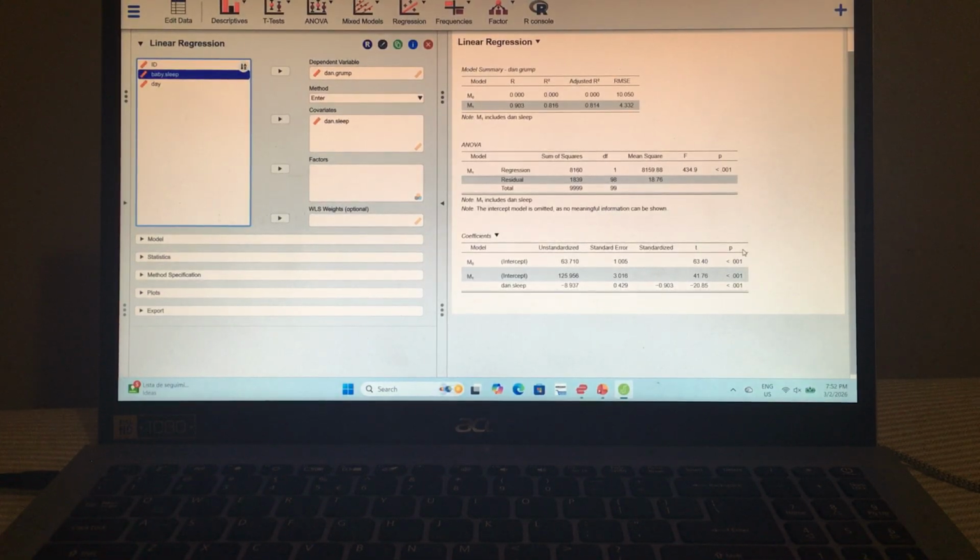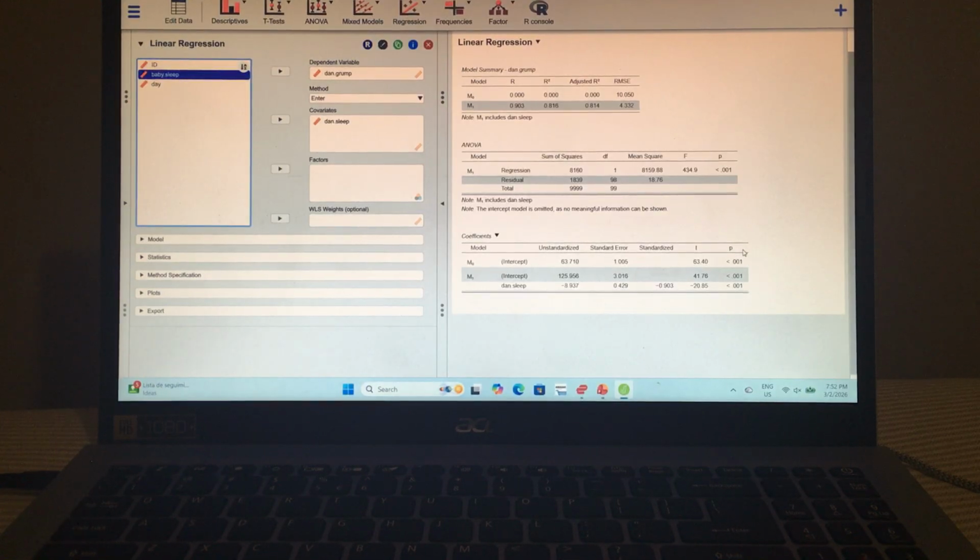The first table is labeled Model Summary Dan Grump. This table has 2 rows, M subscript 0 and M subscript 1. The null model is M subscript 0. This is a regression model with no independent variable, so it's essentially y subscript i equals beta subscript 0.